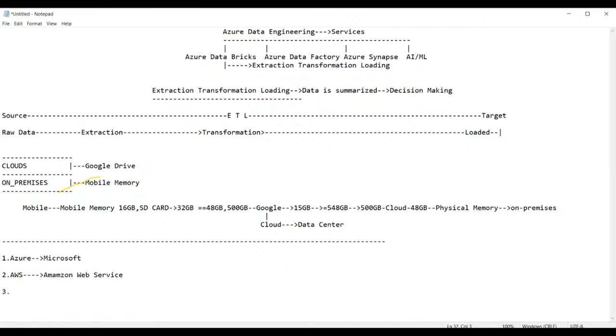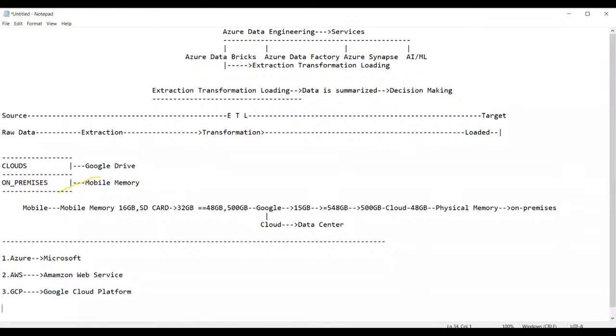The third one is Google, GCP, which stands for Google Cloud Platform.